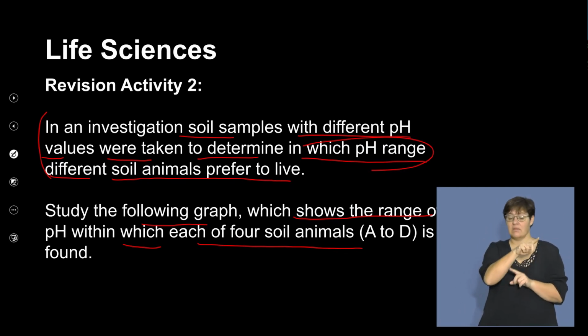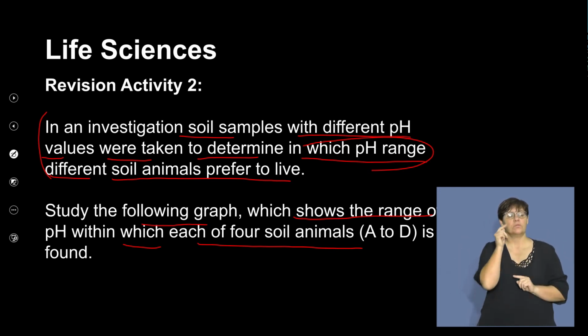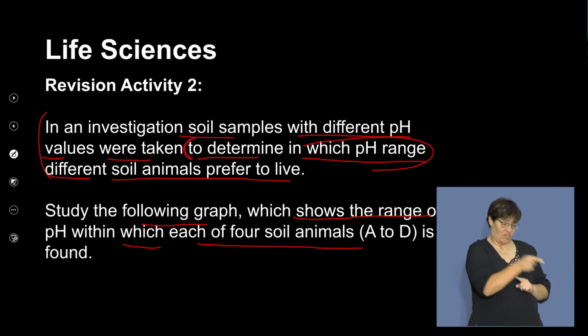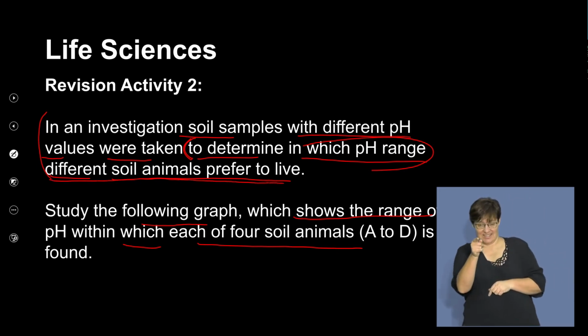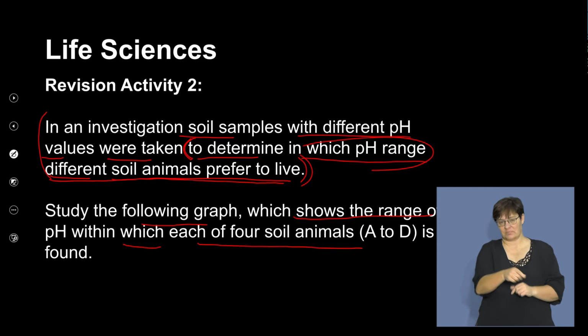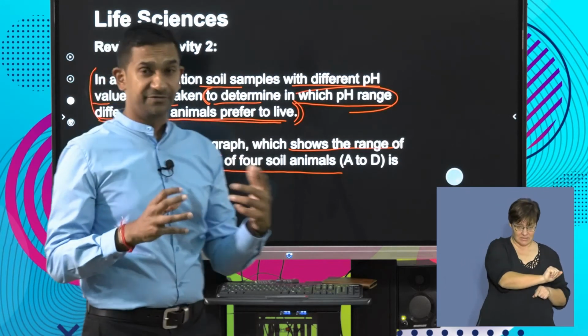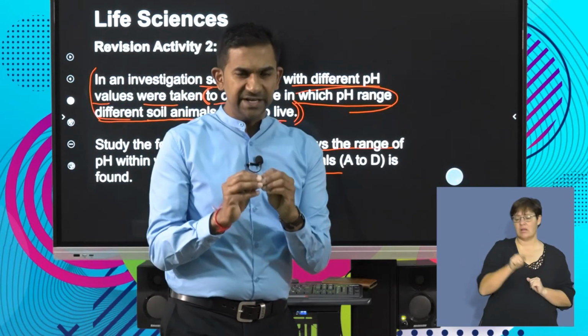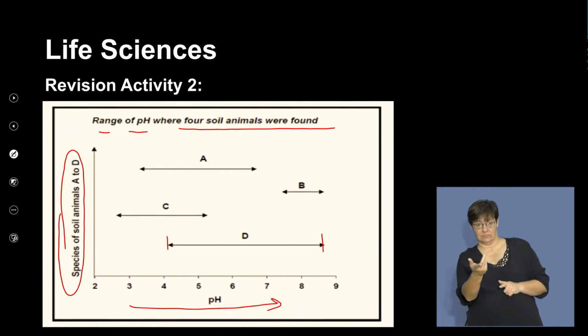In an investigation, soil samples with different pH ranges were taken to determine, that's where the aim starts, to determine in which pH range different soil animals prefer to live. So that's the aim. It's to determine at which pH range different soil animals prefer to live. And that's very neat and clean as to what the aim of this experiment is.